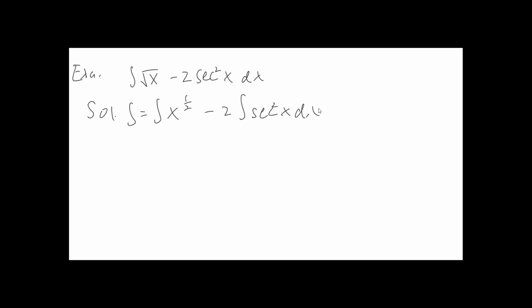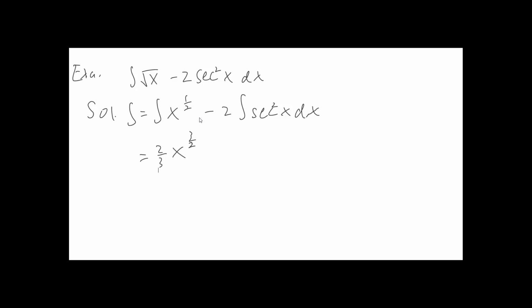For the first one, x to the 1/2, you can use the x to the nth power formula. Remember, it's n plus 1, so 1/2 plus 1, which is equal to 3/2, and then 1 over n plus 1, which is the reciprocal of this, so 2/3.